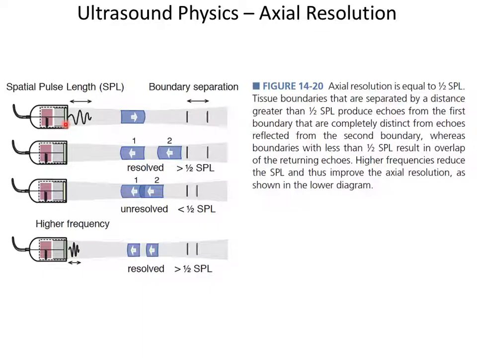Right? As that travels through the medium and hits reflecting surfaces, we get reflections back. And you can see in this case, given the shape of this pulse, its width basically produces something about this width, hits this, then hits this.